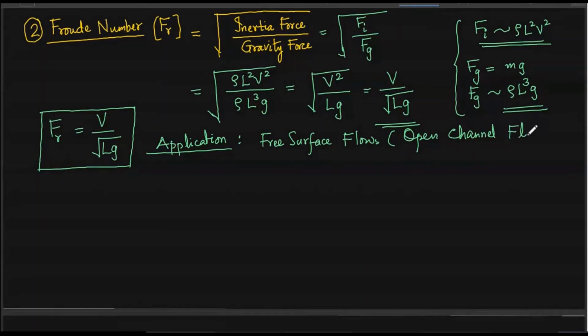These are the flow situations where Froude number can be made use of, because the gravity force is dominant. So free surface flows where gravity effects or gravity forces are predominant or very significant. So this is what you should understand.